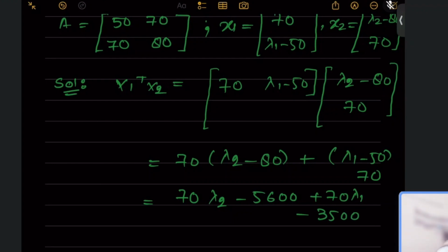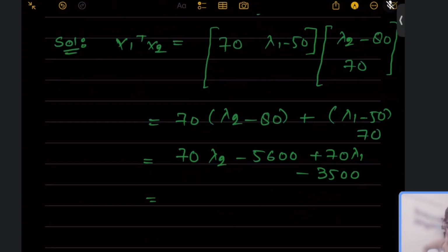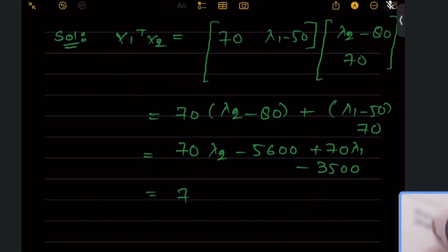It is going to be 70 into lambda 1 plus lambda 2 minus 130.